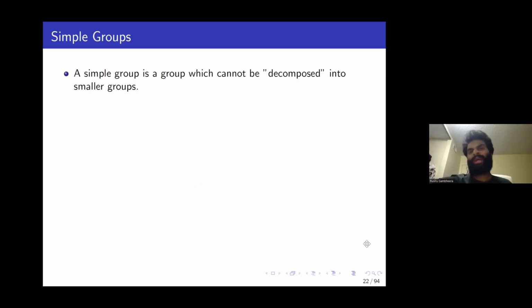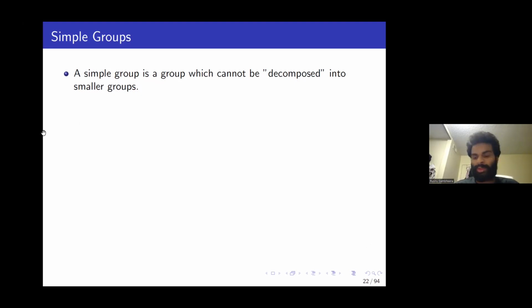There's a formal definition, but let's just pretend that we know what decomposing means. So big symmetries can be broken down into smaller symmetries, and we can look at atoms of symmetries, which I call simple groups. Simple groups are groups that cannot be decomposed into smaller groups. So these are in fact the atoms of symmetries.